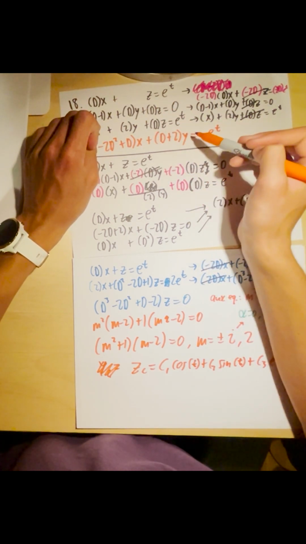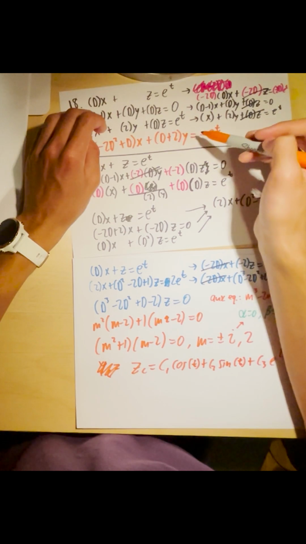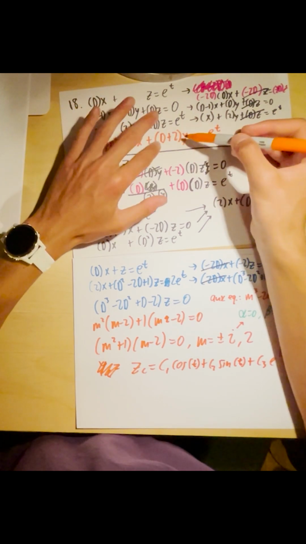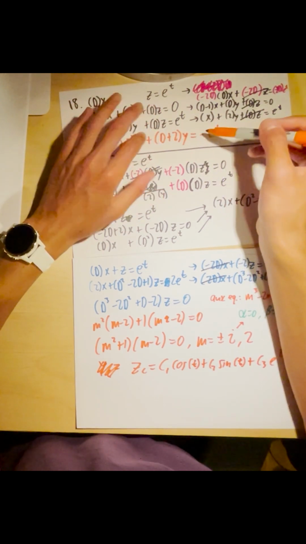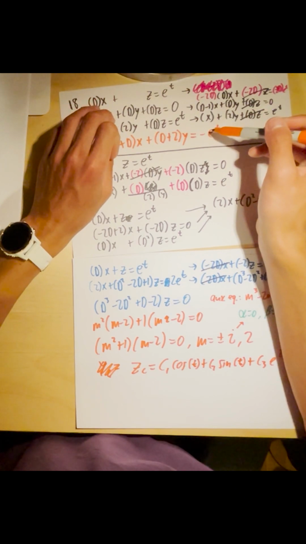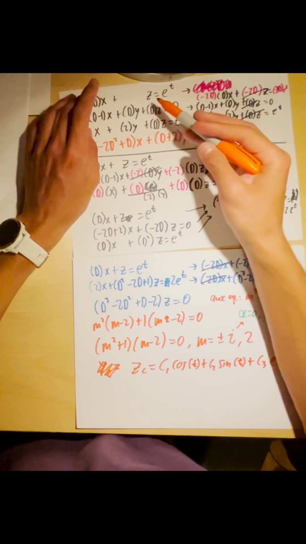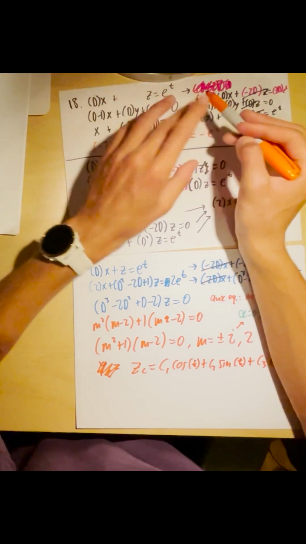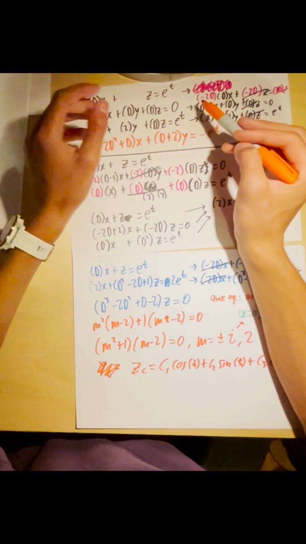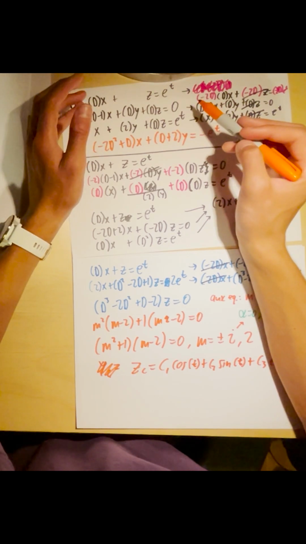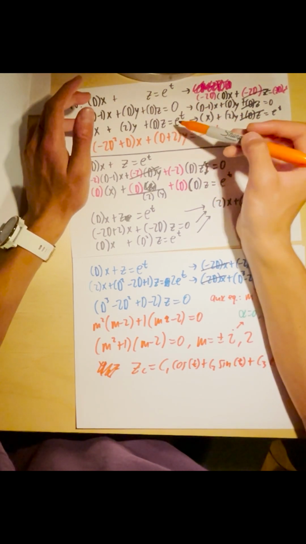So we're going to have some operators in front of y equals something in terms of x. Similarly, we're going to have some operators in front of z equals something plus something in terms of x. And from that, we can plug into this equation.